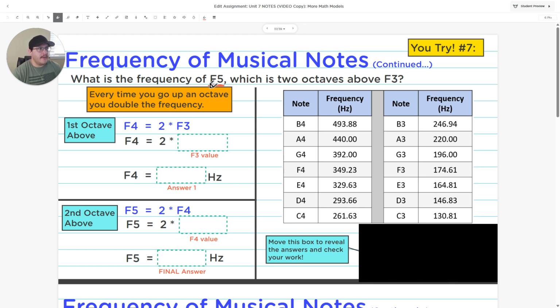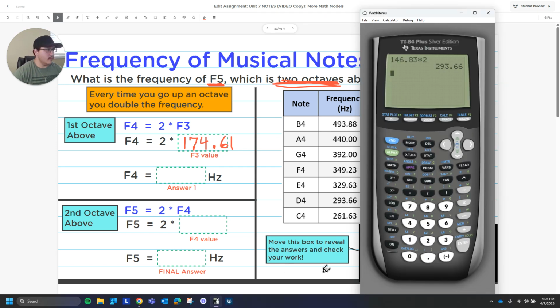Okay, so again, what is the frequency of F5, which is 2 octaves above F3? What is F3? F3 is 174.61. So I'm going to multiply that by 2. 174.61 times 2 is 349.22.